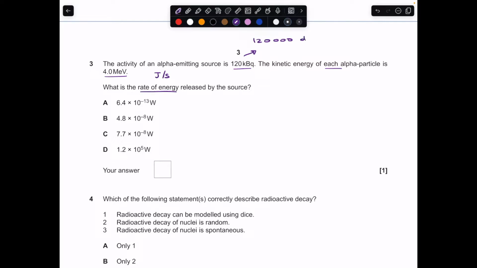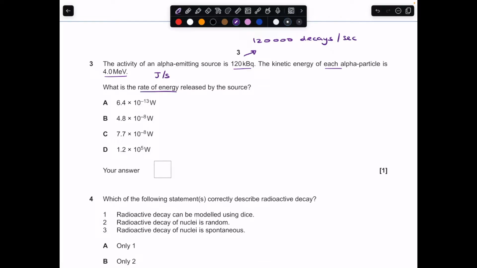We are given that the activity of the sample is 120,000 decays per second. If you multiply the activity of 120,000 by the energy with which each alpha particle is moving, which is 4 mega electron volts, we would end up getting an answer.